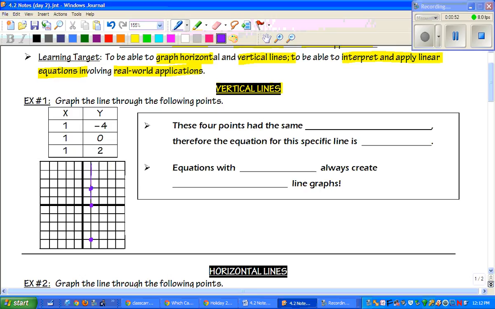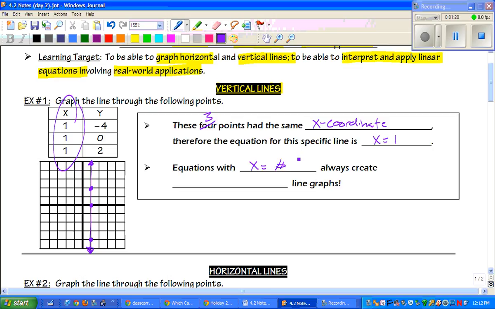Let's draw our line. Make sure to add the arrows. And there we go. Okay, so these 3 points had the same x coordinates. We can see that right there. Therefore, the equation for this specific line is x equals 1.